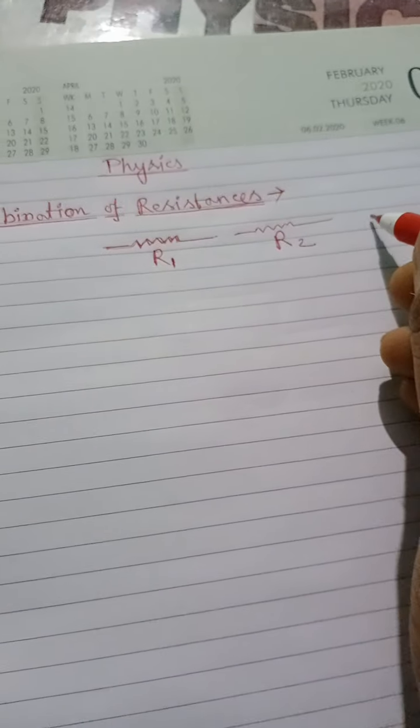These are the symbols of a resistor, and suppose the resistance of this resistor is R1. This is another resistor of resistance R2. This is another resistor of resistance R3.